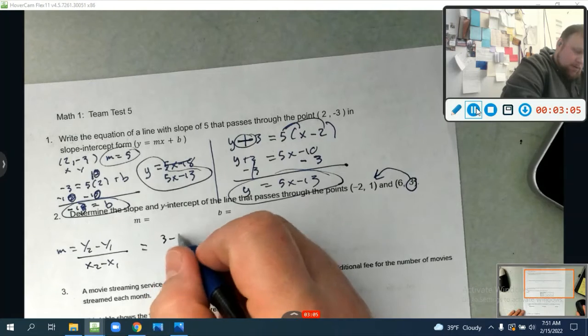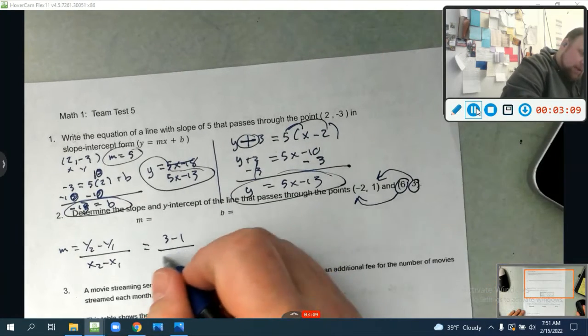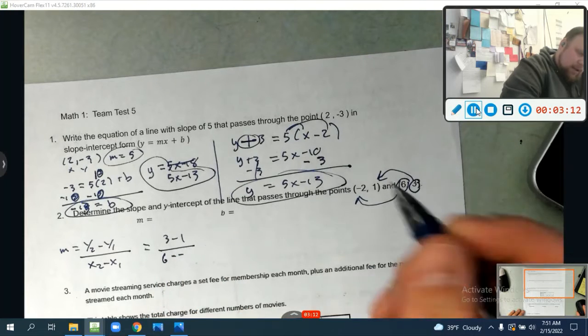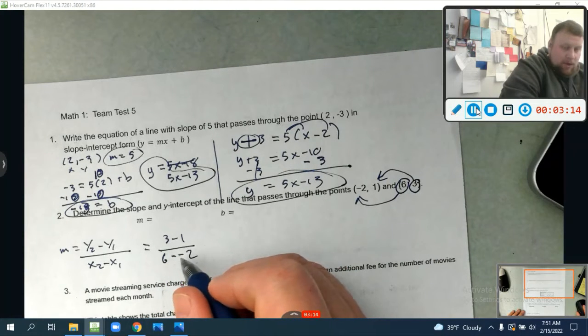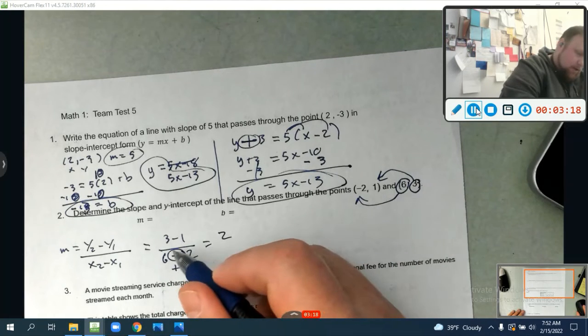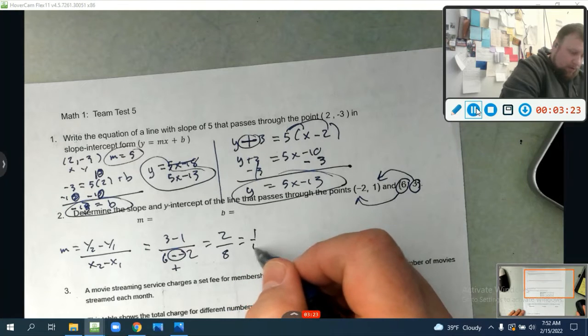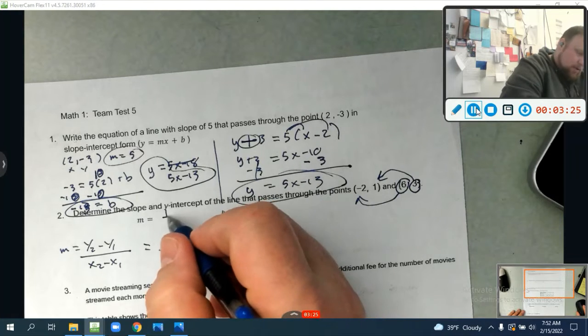So I have 3 minus 1, circle my second x value, point it back to my first one. And that's over 6 minus -2, which minus negative becomes a positive. I get 3 minus 1 equals 2. 6 plus 2 equals 8. That simplifies to 1/4. So my slope is 1/4.